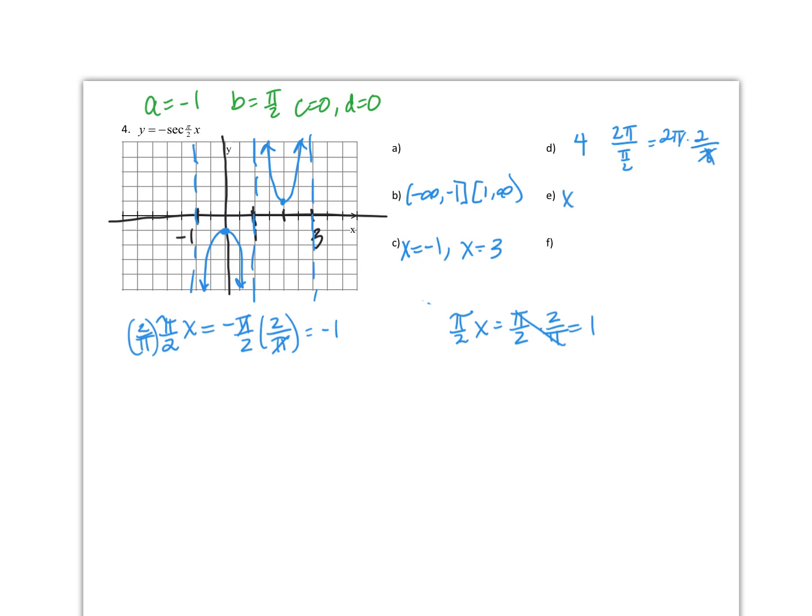All right, asymptotes. Let's take 1 plus n times, what is half of this? 2. 1 plus 2n. Okay, it's a little weird. And then the amplitude, absolute value of -1 is 1. Okay, so this is all reals except where x is equal to 1 plus 2n.